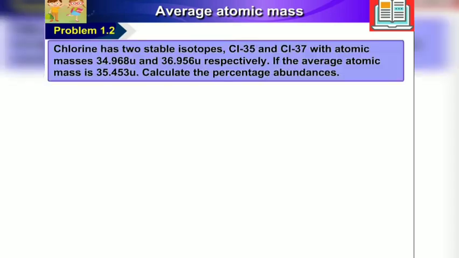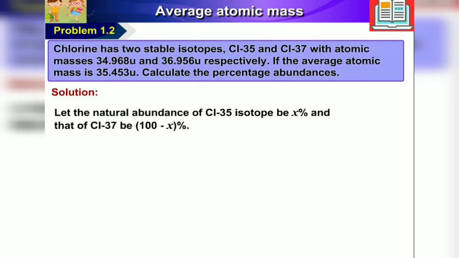Problem 1.2. Chlorine has two stable isotopes, Cl35 and Cl37, with atomic masses 34.968 u and 36.956 u, respectively. If the average atomic mass is 35.452 u, calculate the percentage abundances. Solution. Let the natural abundance of the Cl35 isotope be X%, and that of Cl37 be 100 minus X%.